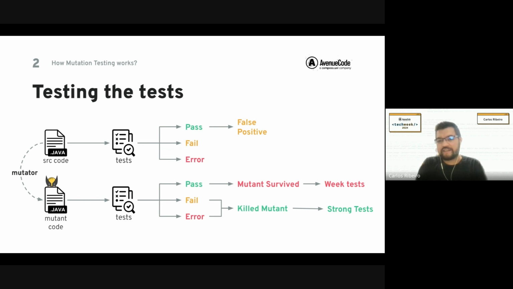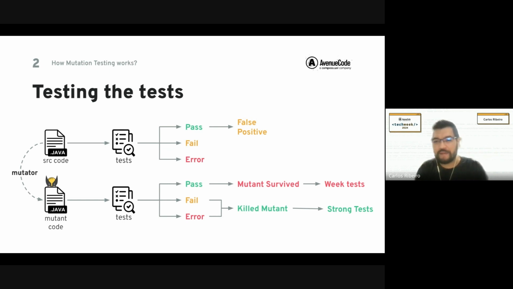Check if your tests are strong enough to detect small changes or so weak that they are not detecting any small changes. And remember, I'm talking about a lot of small changes. Think about when you're working on an improvement, adding a new method or new behaviors to a class or some file. That is complicated because there are, I don't know, 300 lines in that file, and you didn't notice, but you changed something.